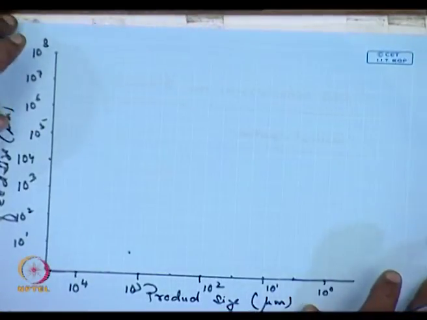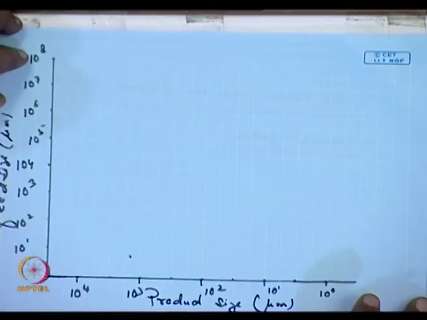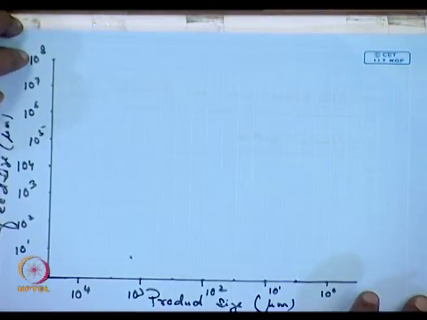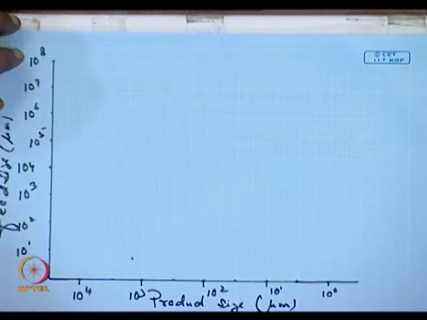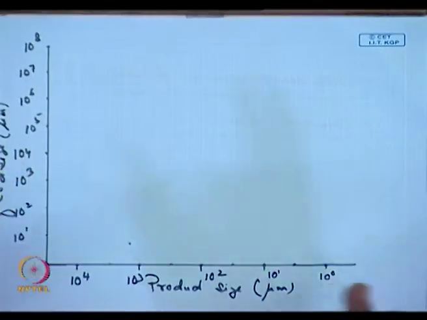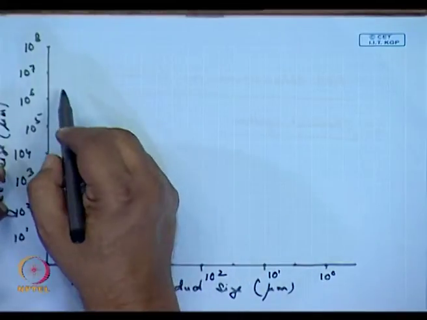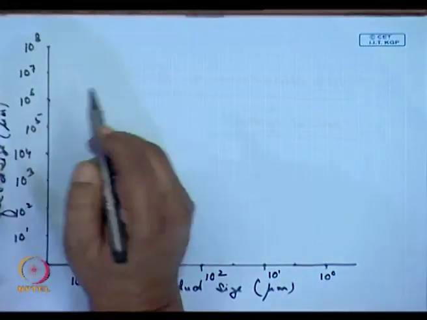The scale, this is 10 to the power of 8 micrometer, means 10 to the power of 8 into 10 to the power of minus 6, means I am talking of meters. This is the feed size I have drawn over here. Now, no one takes 10 to the power of 8, 10 to the power of 2 meter stones. They are mostly over here.